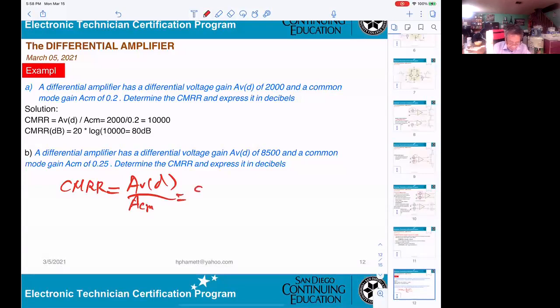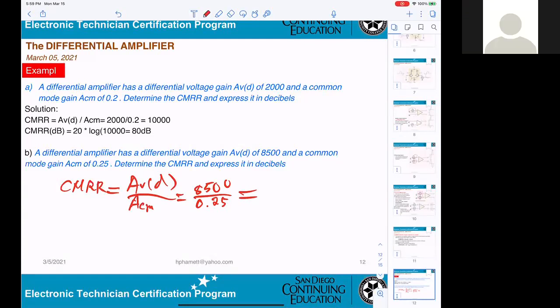And that will be 850 divided by 0.25. Okay, see what you get. 34,000. 34,000.